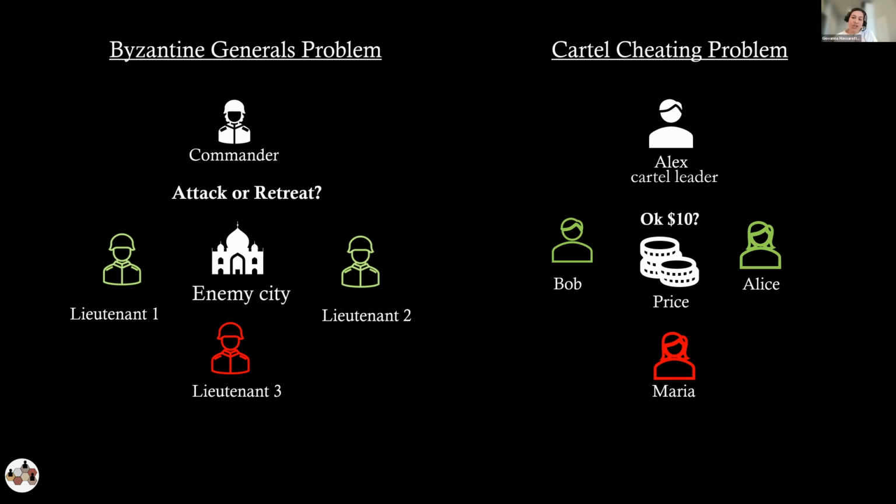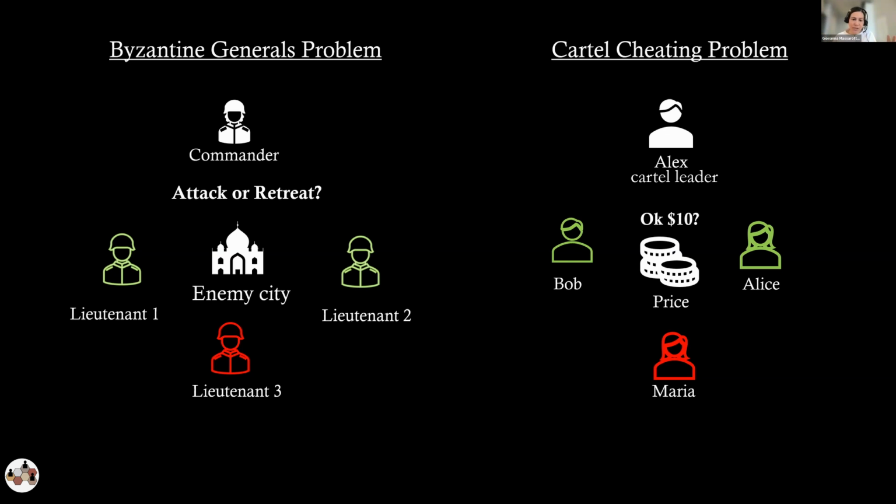In my cartel cheating problem, the situation is similar because cartel members rely on a trust relationship, so they need to find an agreement without really trusting each other. So in both scenarios there is a trust problem and an agreement problem.